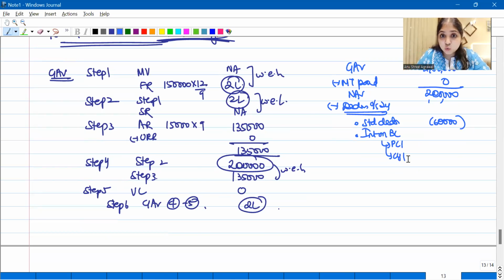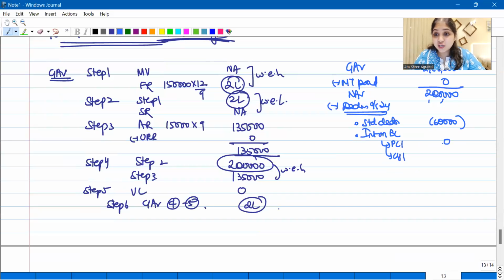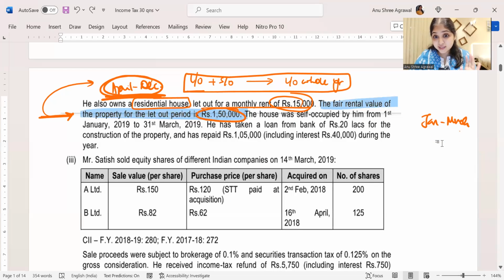But in this question, do we have any pre-construction interest? Have they given us date of borrowing the loan, date of completion of construction? All that they have not given to me. So no pre-construction interest. But guys, I have current year interest. See, listen, the question says he took a loan of 20 lakhs.